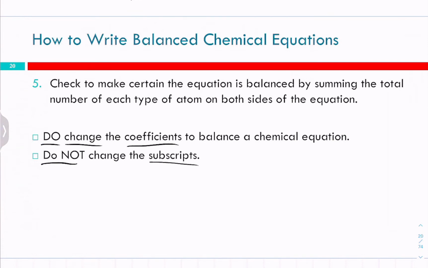As we'll get to later, sometimes you'll have to predict what the products of a reaction are. And the only time you change subscripts is to balance charges when you're creating new ionic compounds. And that's an initial step. We'll get there.